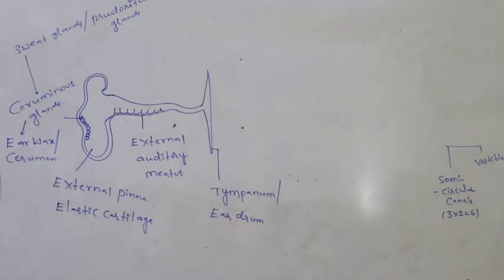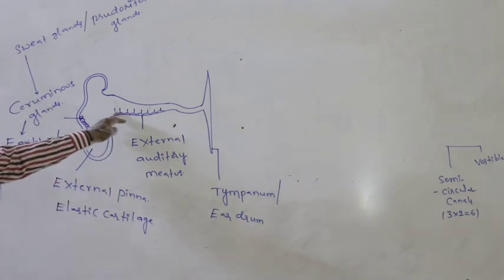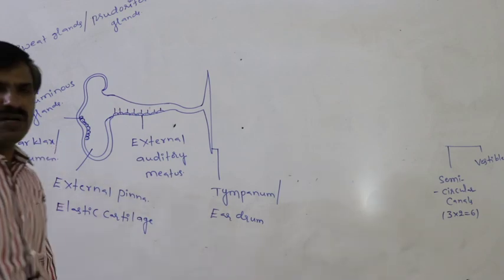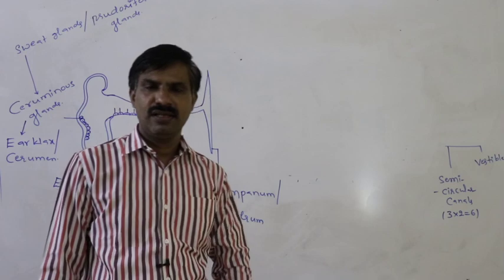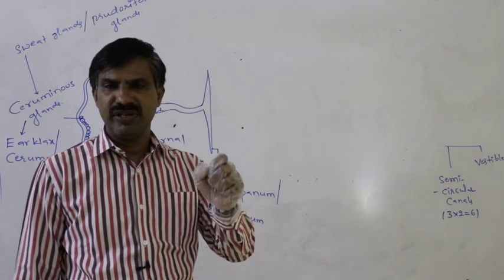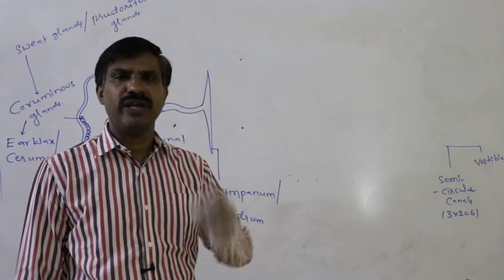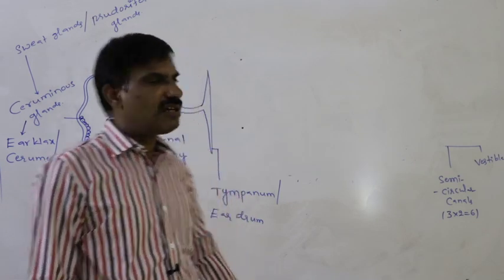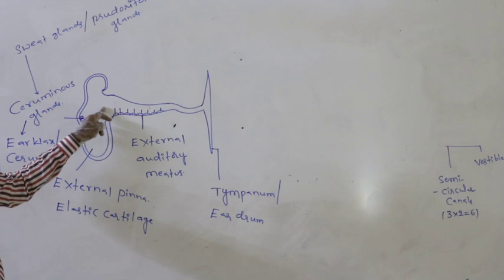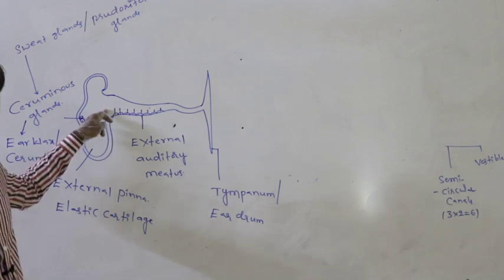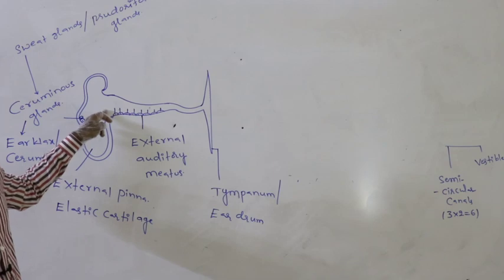These hairs as well as cerumen, both of them are useful to filter dust particles which may try to enter the inner ear through the sound wave.